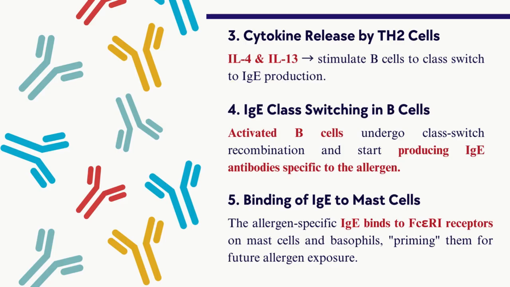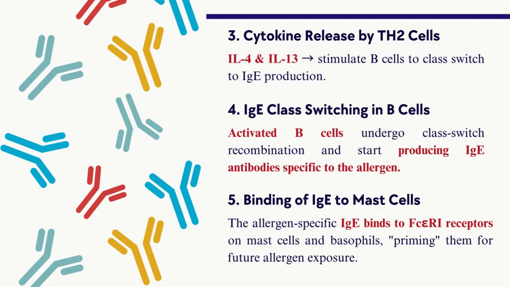These cytokines play a key role in stimulating B cells. Then, we have class switching in B cells. Interleukin 4 and interleukin 13 will signal the B cells to undergo class switching, so they start producing IgE antibodies instead of other types of antibodies like IgM or IgG.